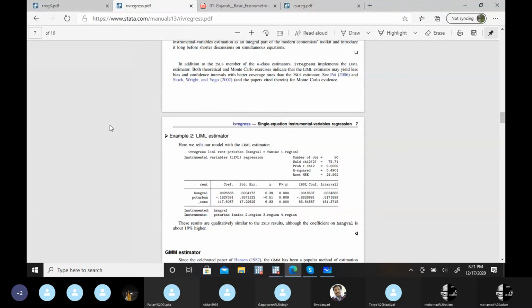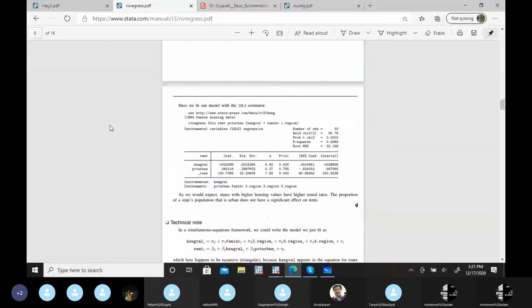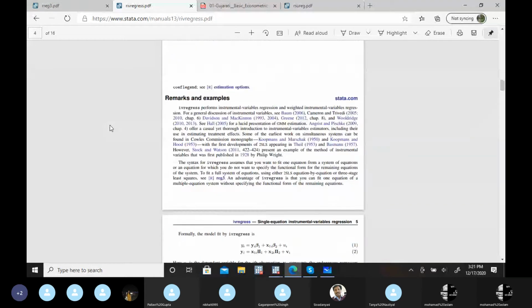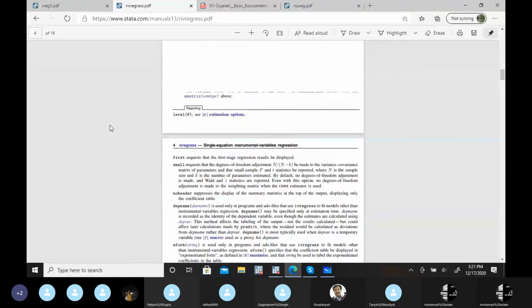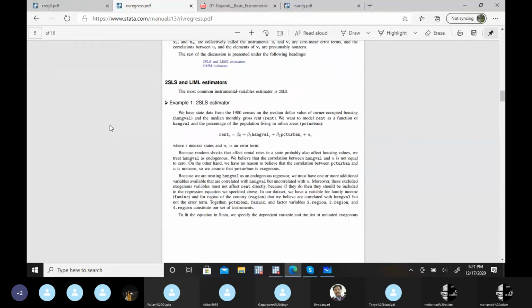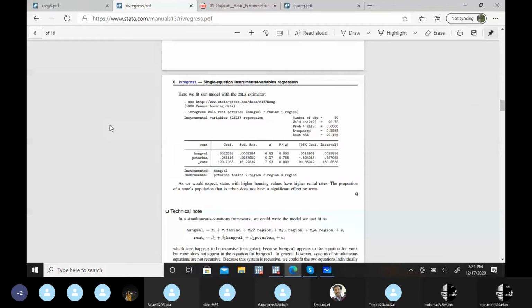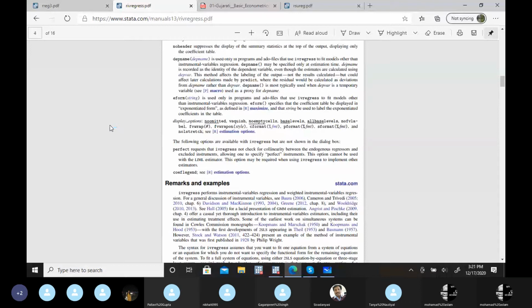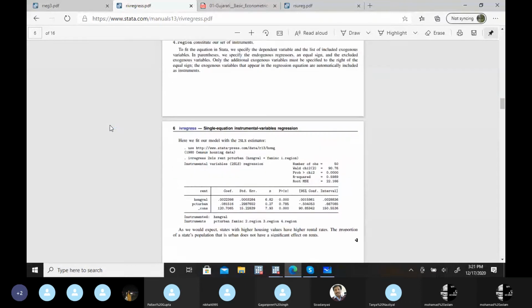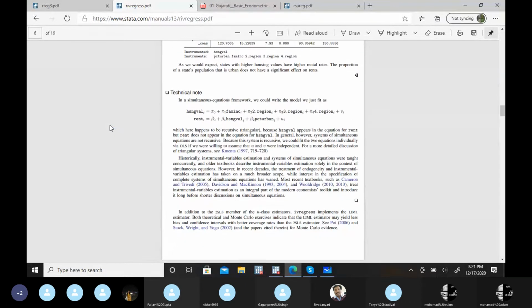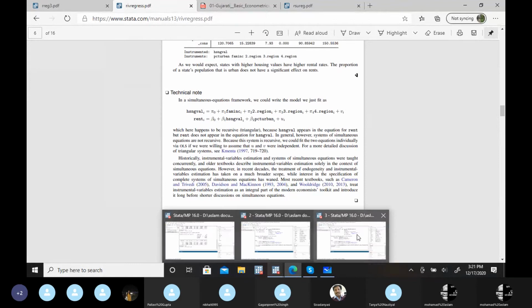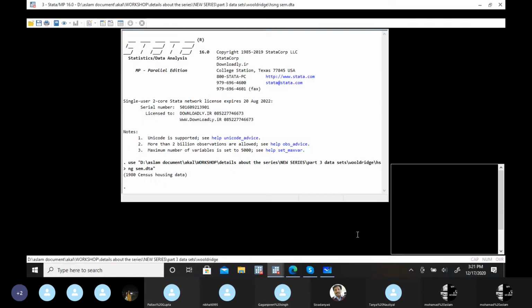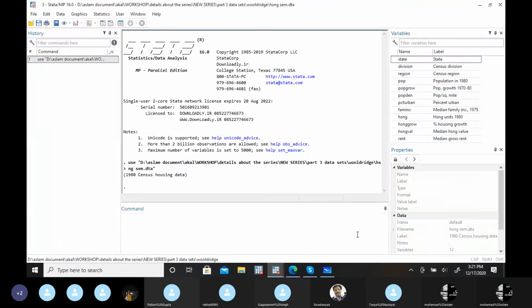Then, okay, take the example of 2SLS. I shared this data file with you. Okay, this particular data file.